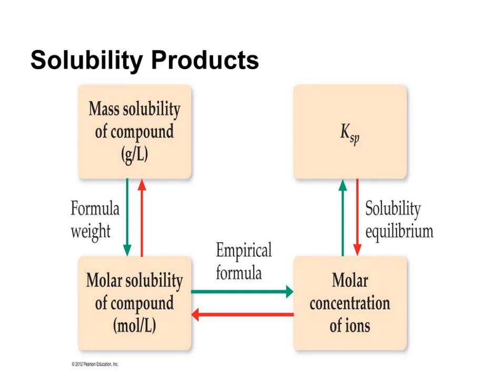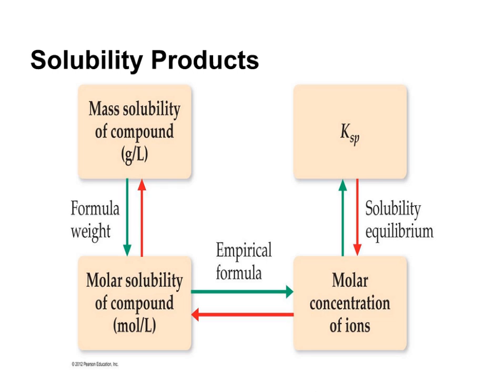Now, one thing we need to know about solubility products, KSP is not the same thing as solubility. Solubility is the mass of something that can be dissolved in a given volume of liquid, usually given in grams per liter or grams per milliliter.